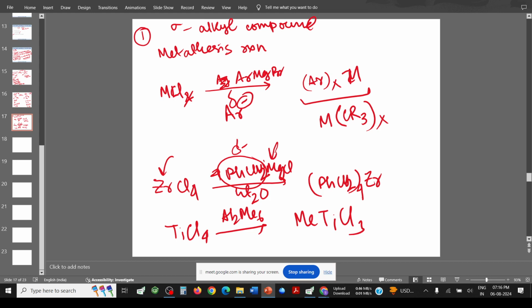So one methyl is substituting one chloride. This is called the transmetallation reaction.